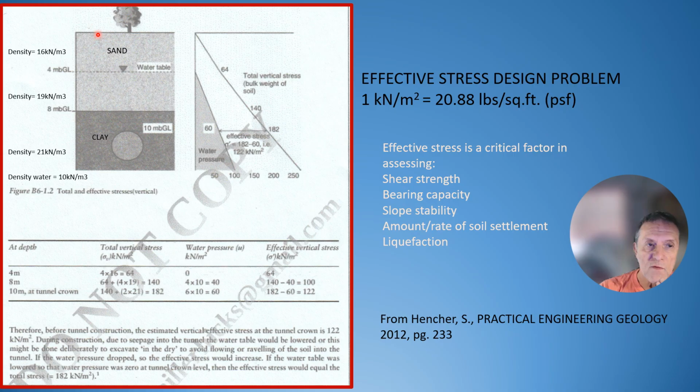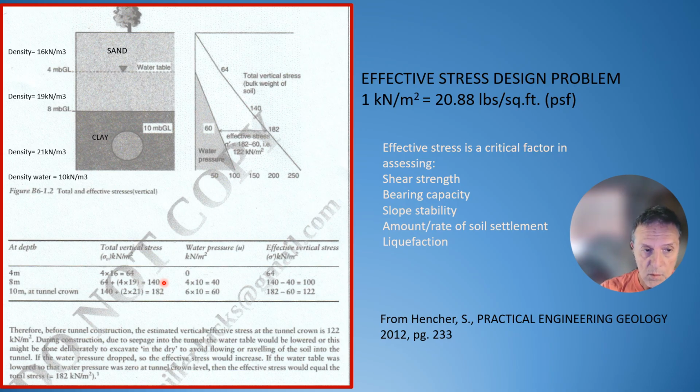So this is dry sand for the first 4 meters. So you have 4 meters times the density of sand. 4 times 16 is 64 total vertical stress at this point. Now you have water table. So the sand underneath this water table, the density increases. So now you have 4 meters times 19 kilonewtons per cubic meter, which gives you a total vertical stress of 140.